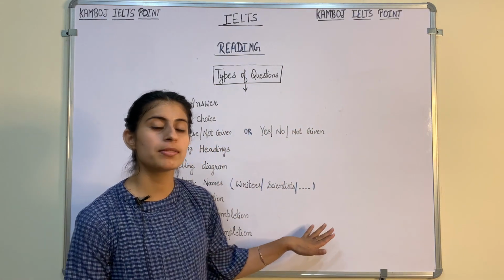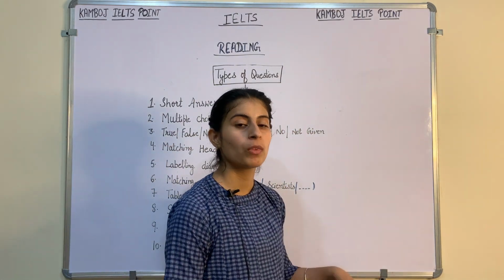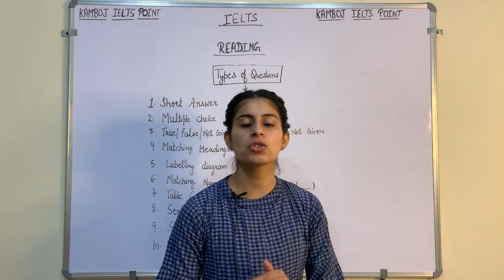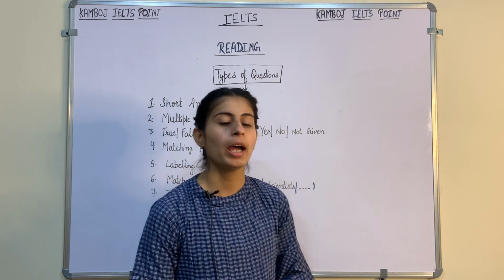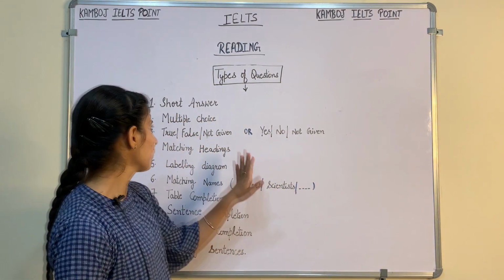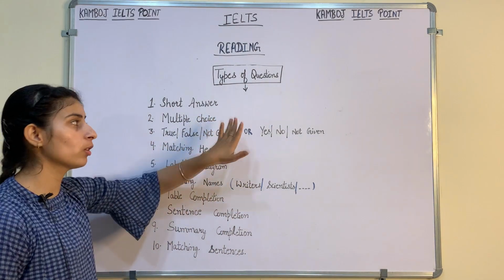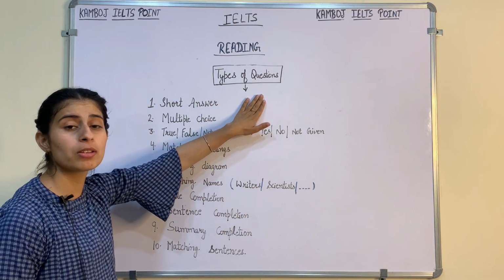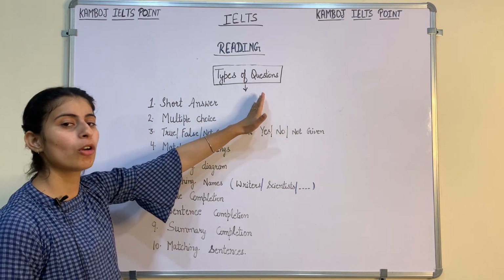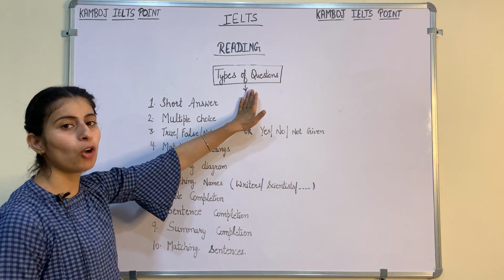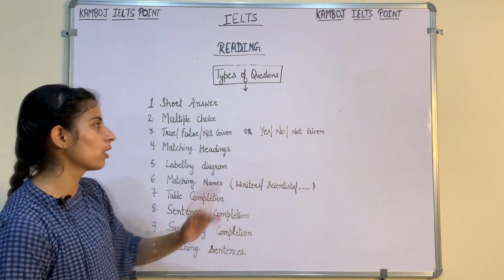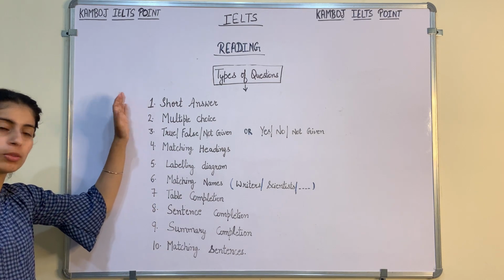It doesn't matter if it's listening or reading exam, you have to read instructions carefully. In short answer type questions you might get one word answers. There might be an option of not more than 2 words, or not more than 3 words or a number, something like this. So you have to be careful about that.